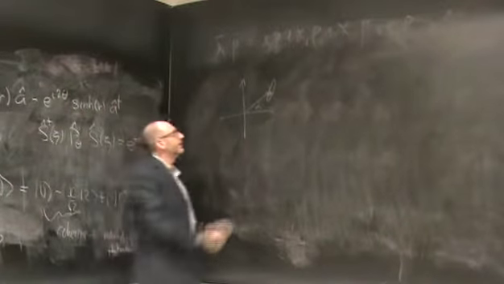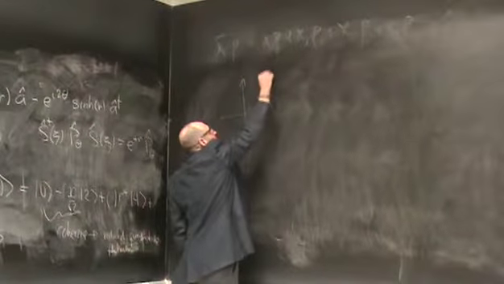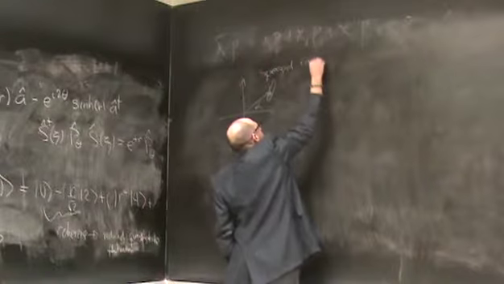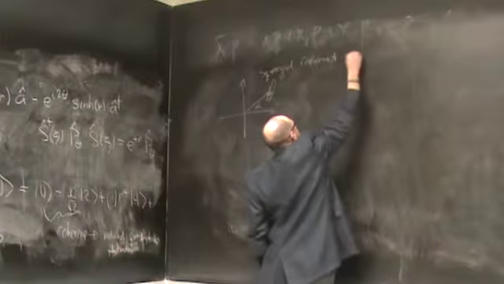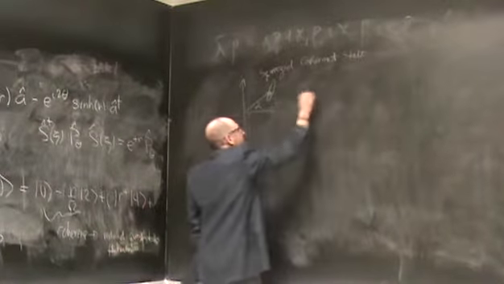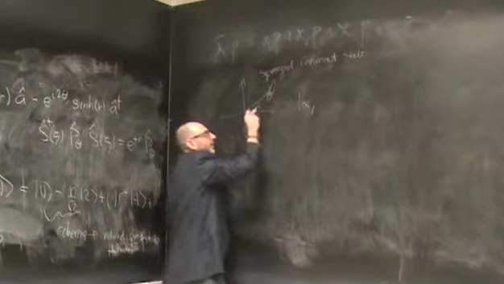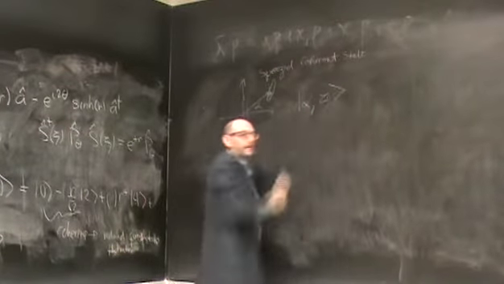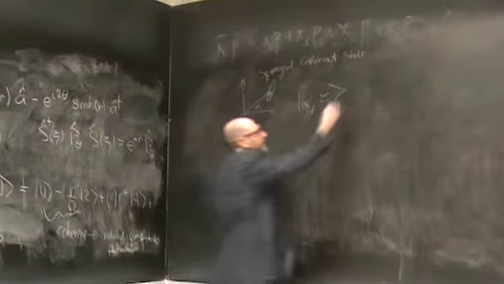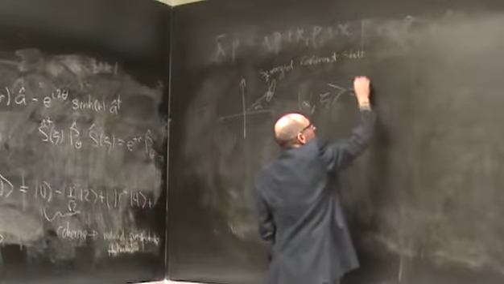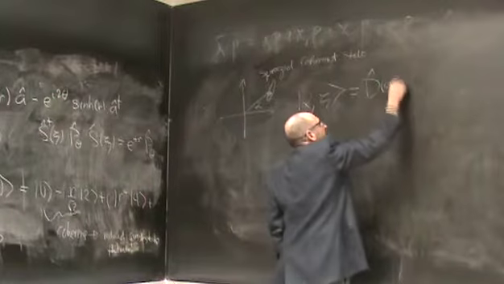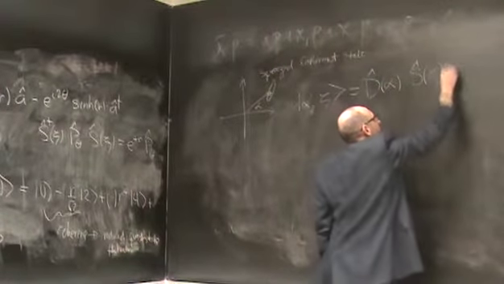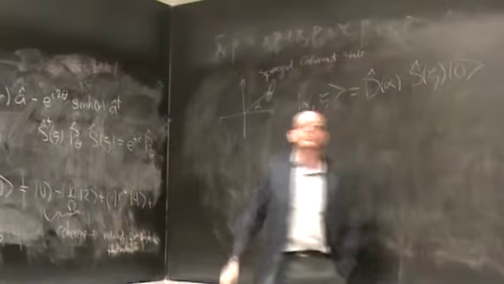Okay, so this is what we call a squeezed coherent state, and it's specified by the mean field and the squeezing amount. And it's just obtained by displacing the squeezed vacuum through the phase-space displacement operator that we had discussed.